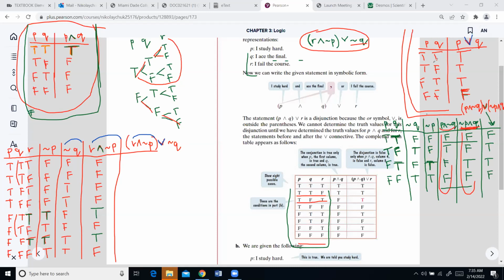So what does it tell me? Well, if I have both F's, like we have here, the result is F, right? Here's the result, F. And so forth. Both F's, the result is again F.